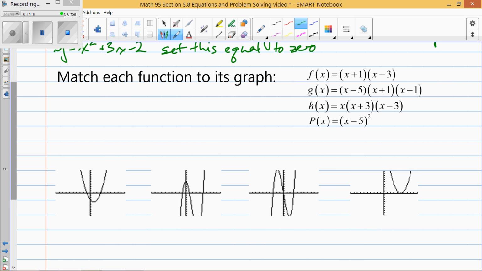And really we can count roots. We can count places where this crosses. This has 2 distinct places where the graph crosses the x-axis. And so we have one quadratic with 2 factors.